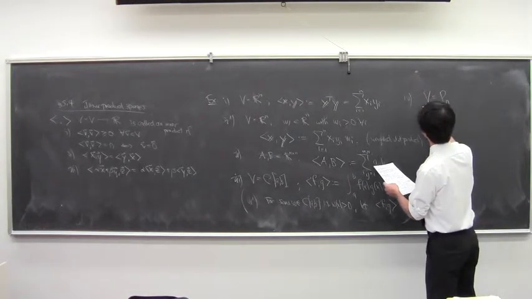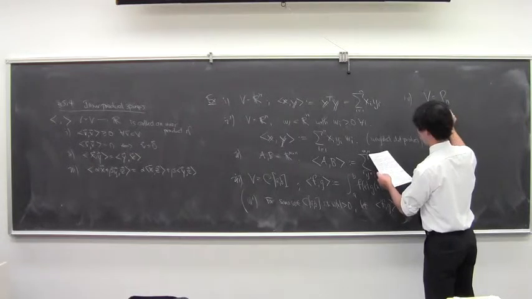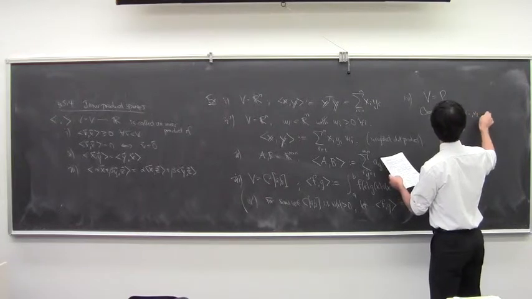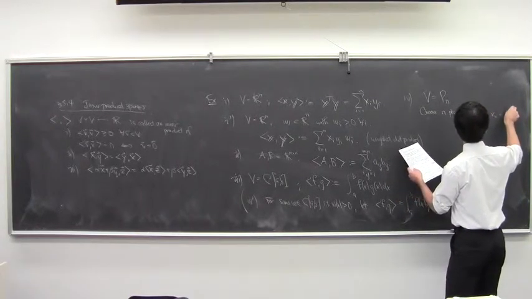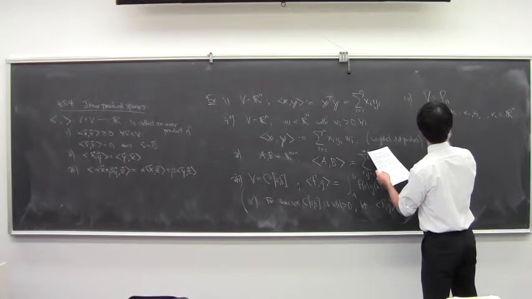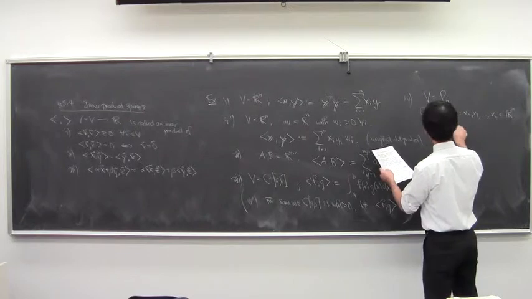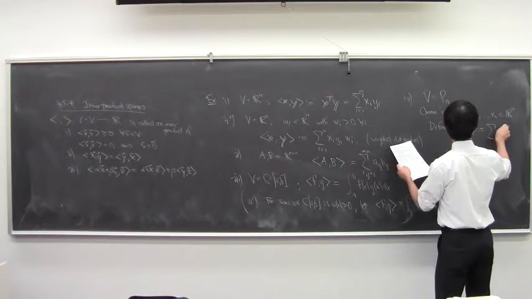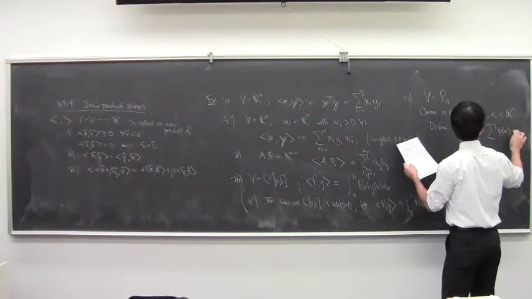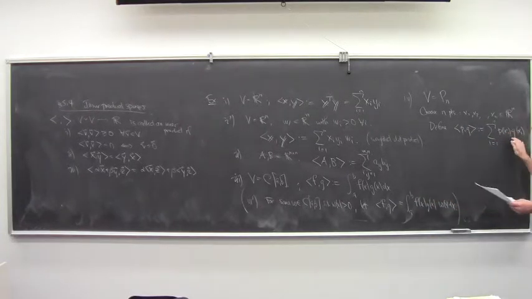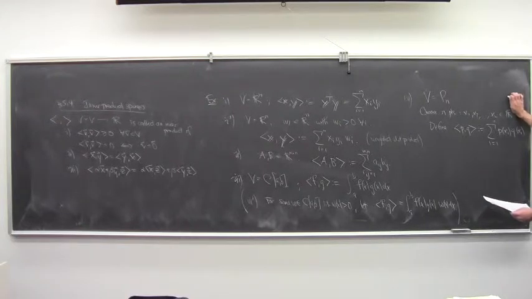So choose n points, x1, x2, through xn in R, and define the dot product of two polynomials as the sum of p against q at each of those points. Sorry, this should be R, not Rn.